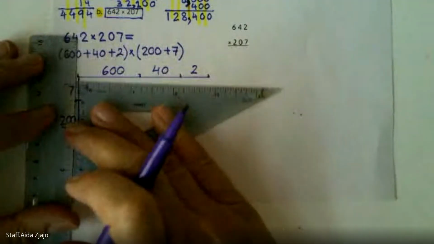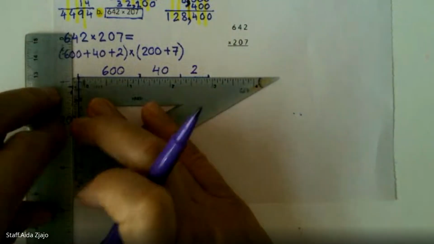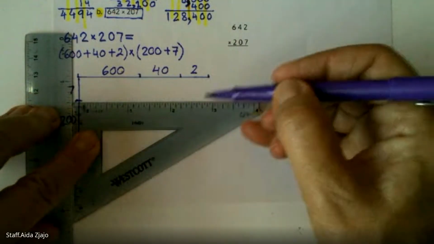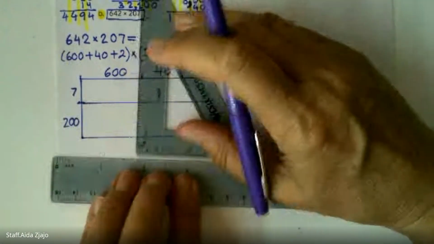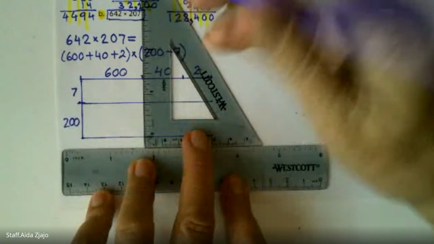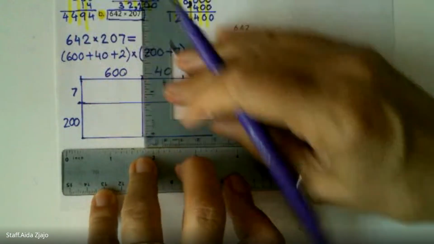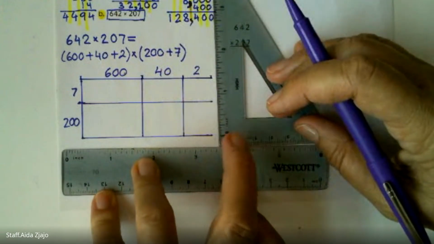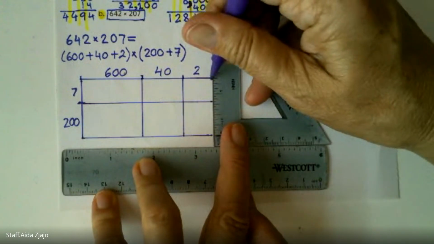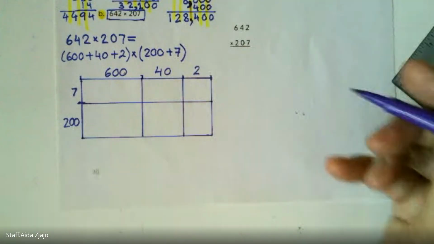Okay, so let's make areas. So you can create 6 areas.